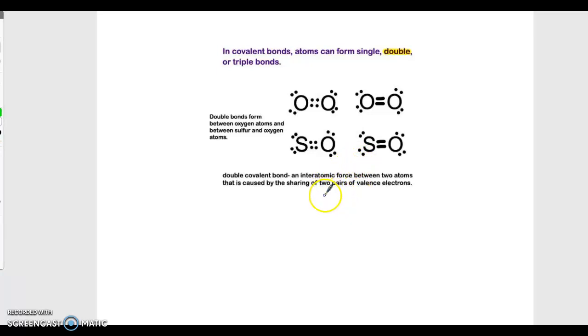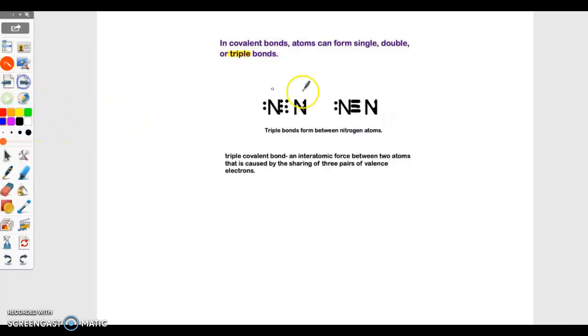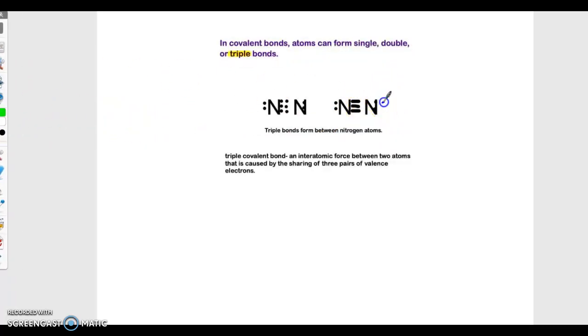A double bond is a bond that contains 4 electrons. Okay, and they're drawn like this. If you're doing the structural formulas, you'd use a double dash. If you are doing dot structures, you're going to be using 4 electrons. So a double bond contains 4 electrons. A triple bond contains 6 electrons.